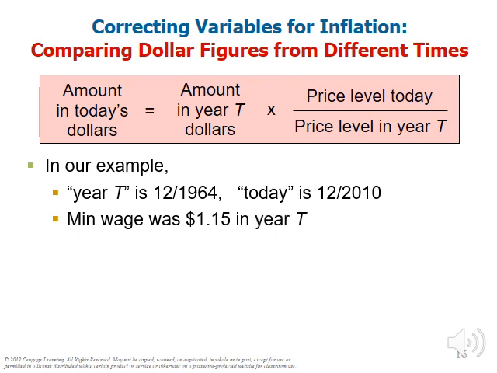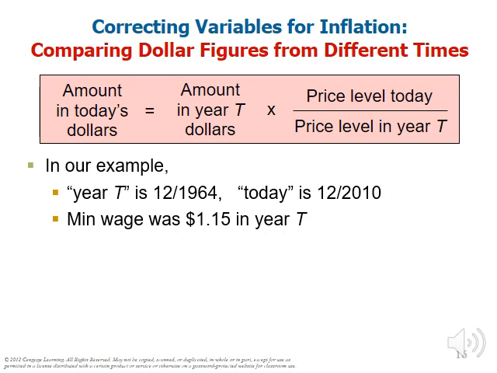The minimum wage was $1.15 in 1964. If we grew that wage with the actual rate of inflation, then we'd have a constant dollar figure. Our CPI in 1964 was 31.3. In 2010, it was 220.3.